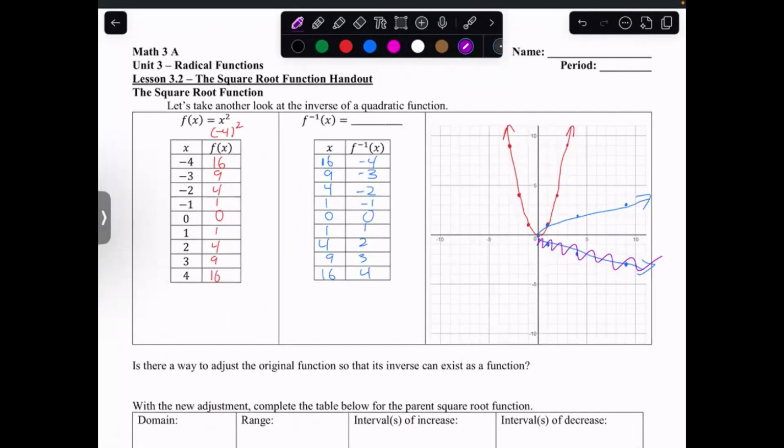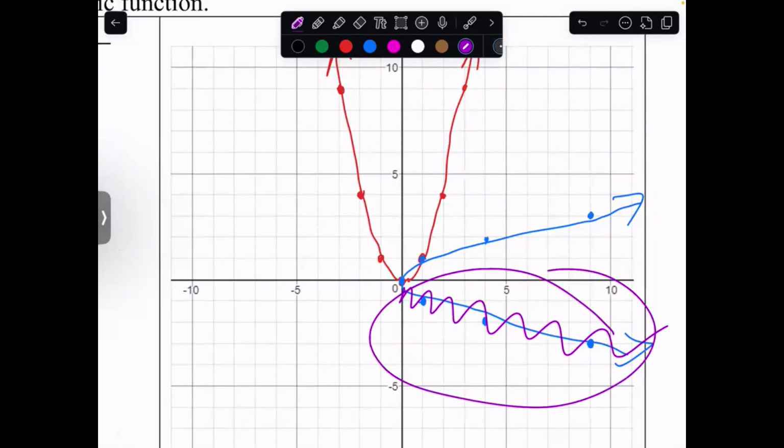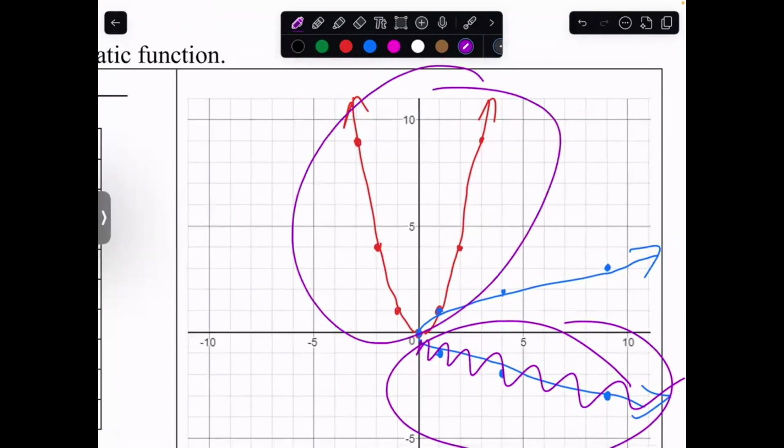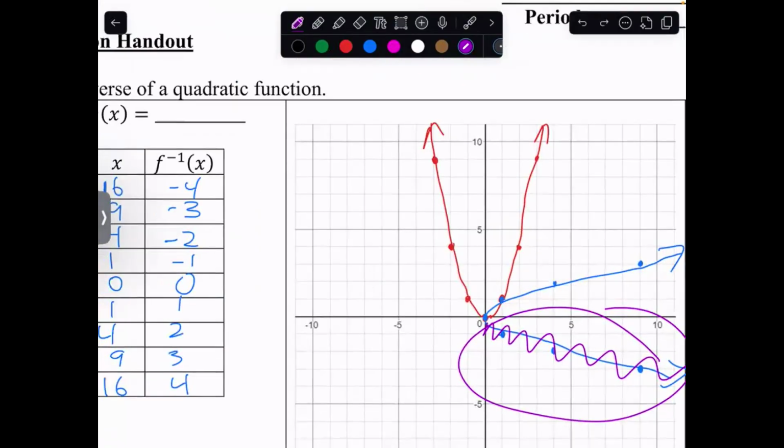Now the question was, how do we adjust the original function? In order for this bottom half to go away, what do we need to change about the original parabola?